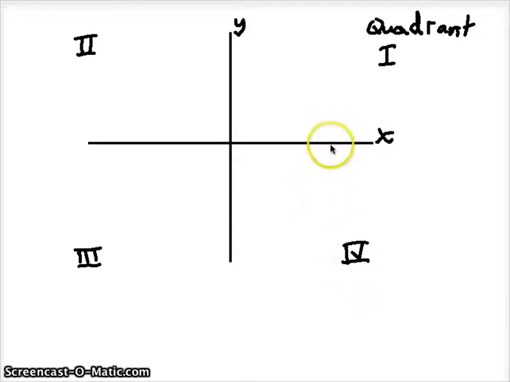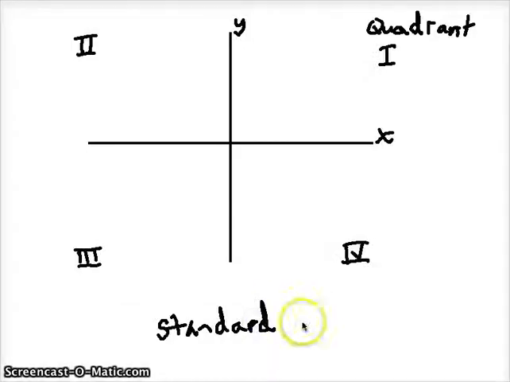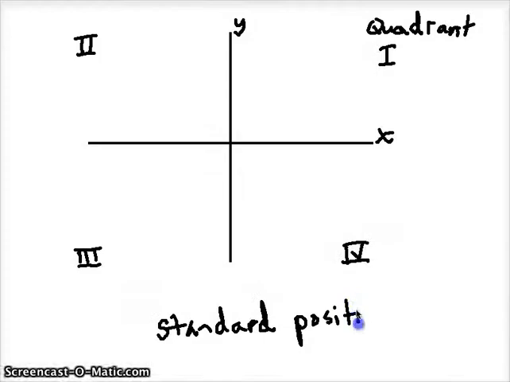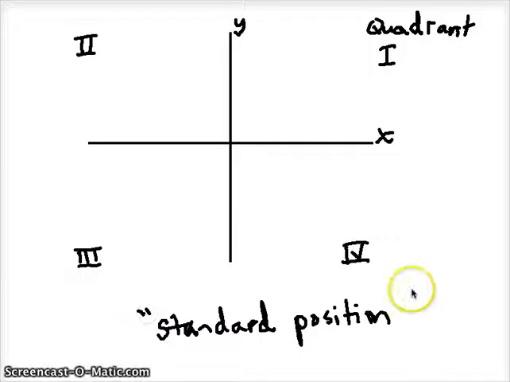For all of the angles that we'll be drawing in the next few videos, there is this thing called the standard position. This is how we measure and talk about angles. A couple of things have to be true for an angle to be in standard position. The first is that the vertex is at the origin of our graph.